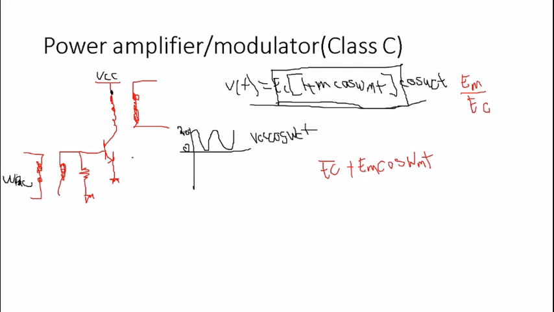Ultimately, if I can make this voltage equal this expression, I have successfully created an AM modulator. And this is basically the trick in this power amplifier slash modulator block found in our transmitter.